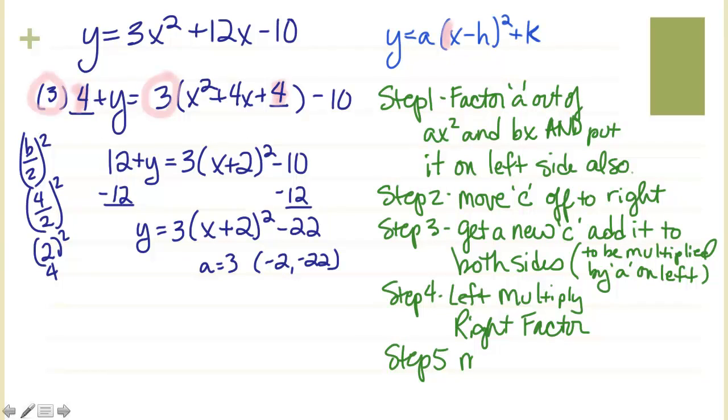Step 5, let's not put move. Let's put add or subtract to get y alone. And that's it. That gets us into vertex form and made it very easy to write our vertex.